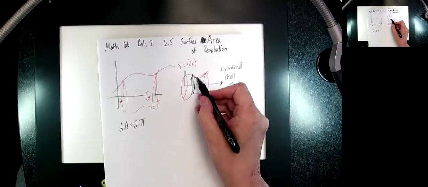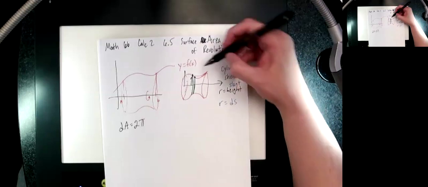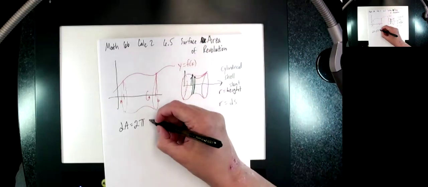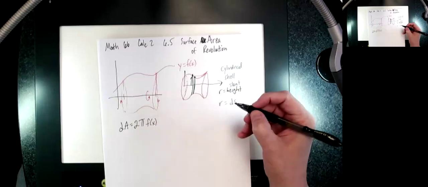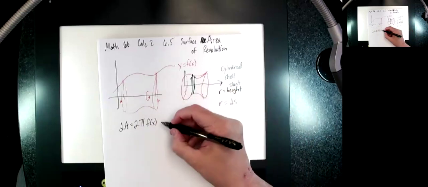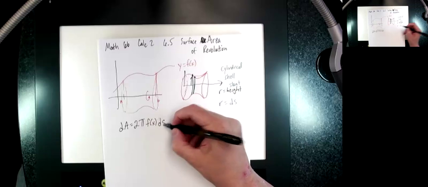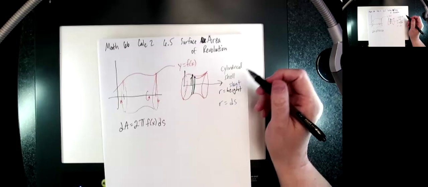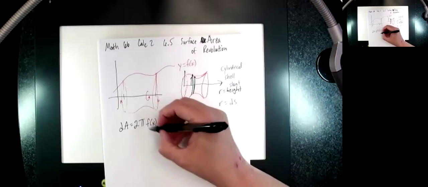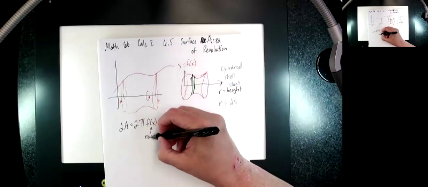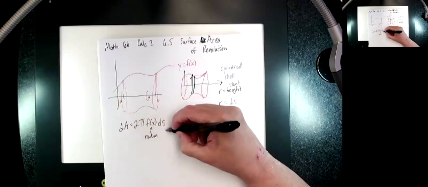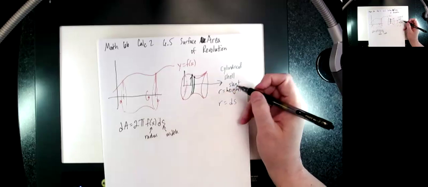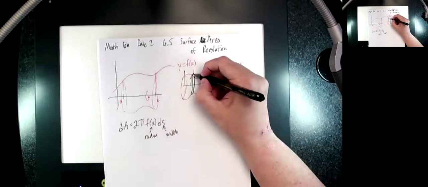When we narrow it down to an infinitely thin thickness, it's still approximately f of x there. But we still have that ds, the slant, in there. So that's what we're going to have as our dA. This is like our radius, and this is the width of our ring. So that's a ds right there, the width.